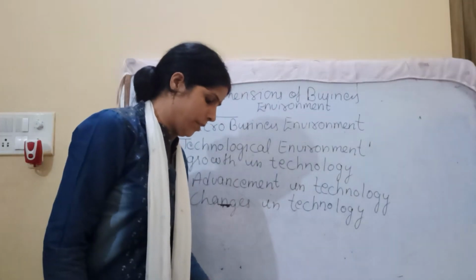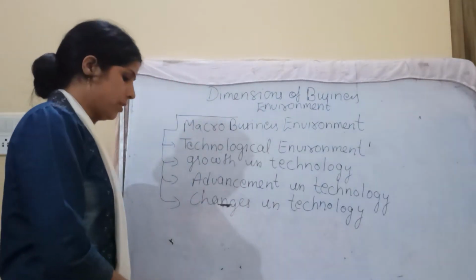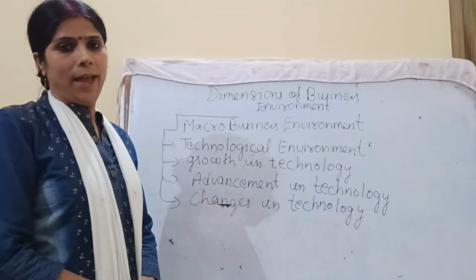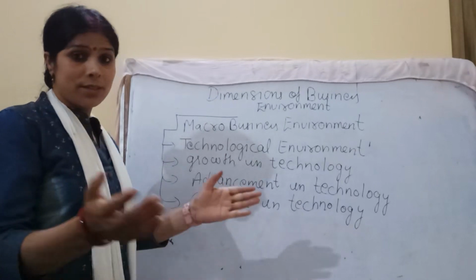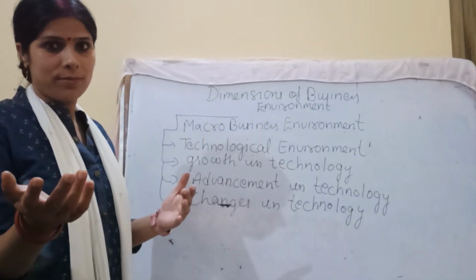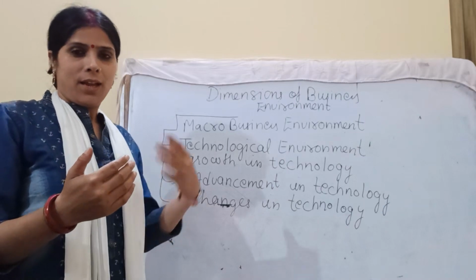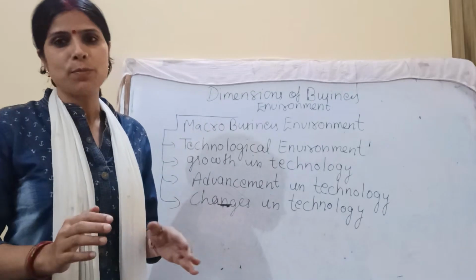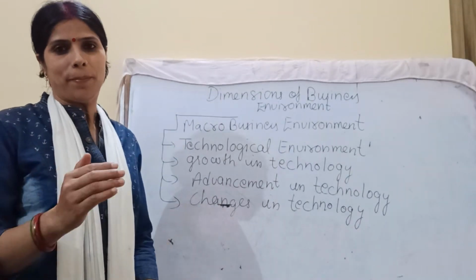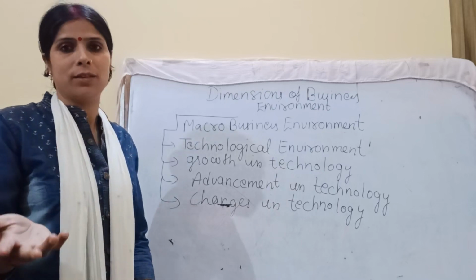Technological environment. This is the most important environment in today's era. If we see, this is the technology which we are using. Because of the technological advancement only, today we are able to communicate with each other.